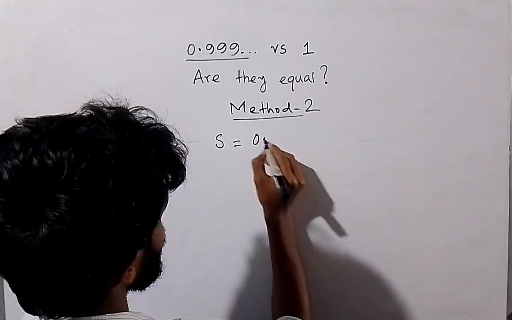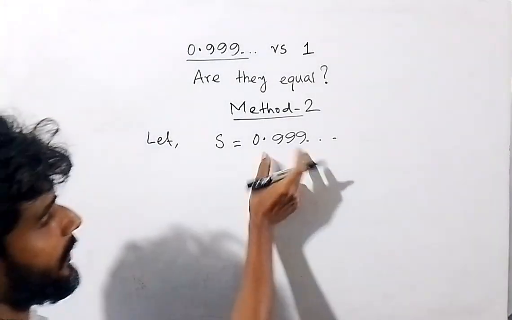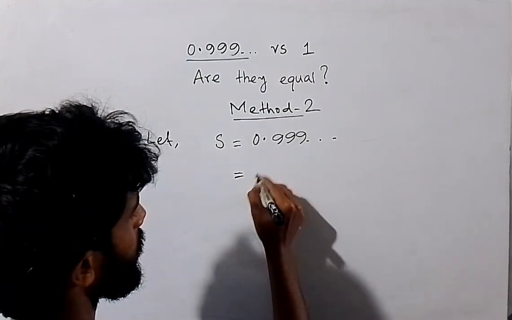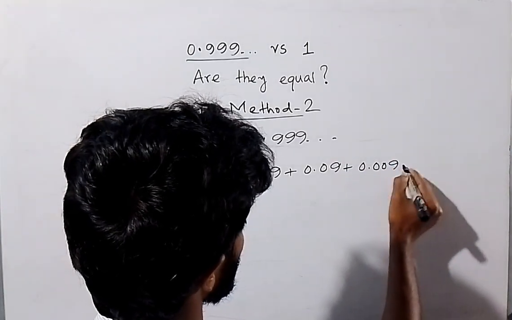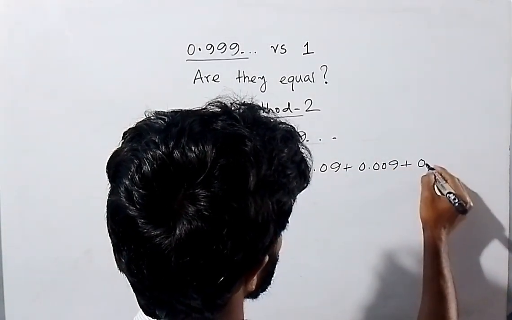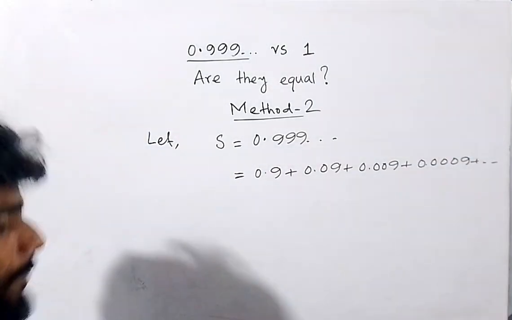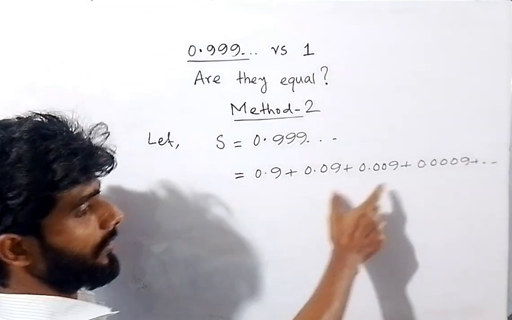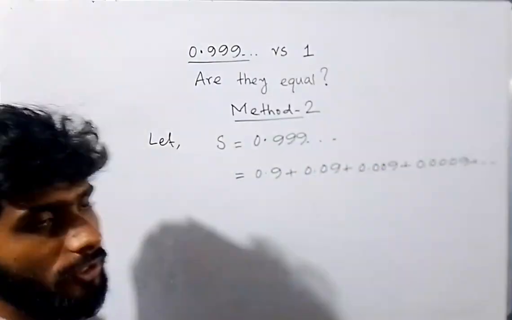So s is 0.999 and so on. Now I can write this as 0.9 plus 0.09 plus 0.009 plus 0.0009 plus and so on. Now if you see carefully, this is a geometric series, an infinite geometric series, right?